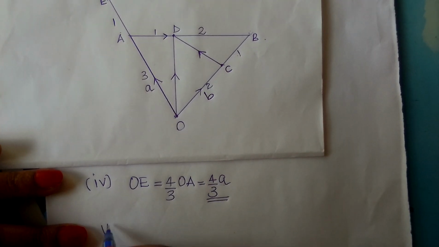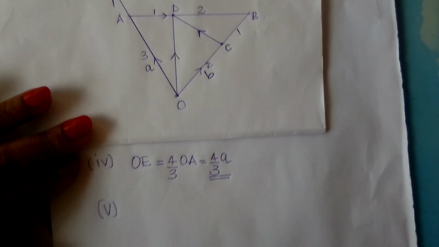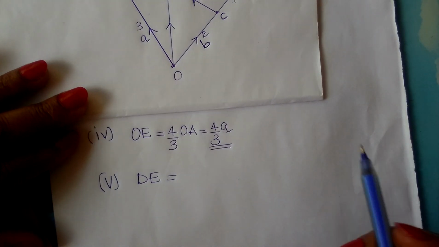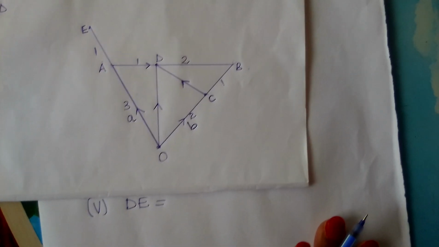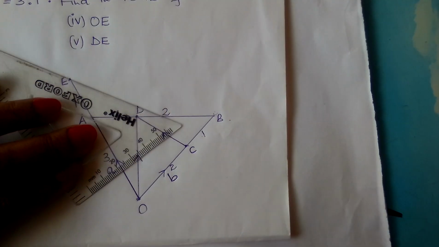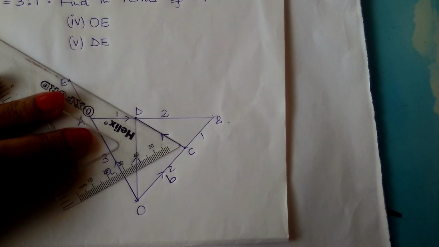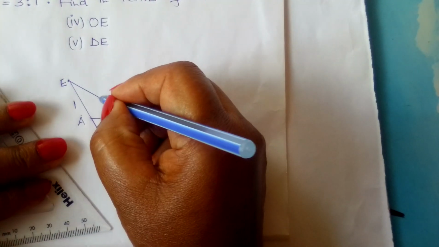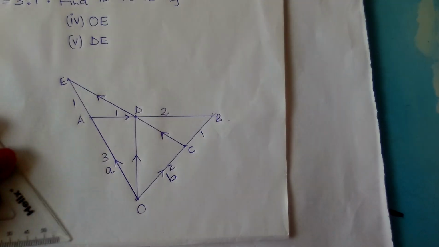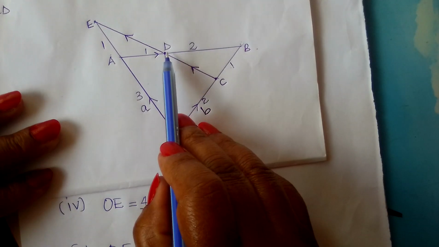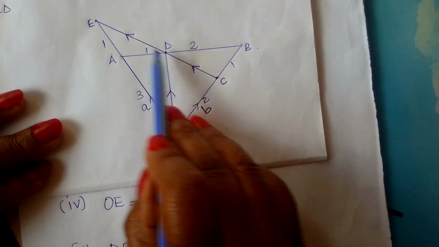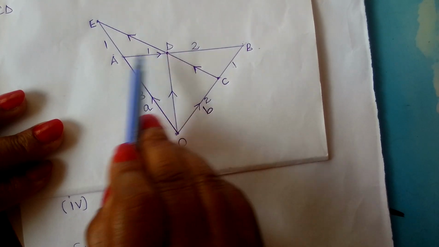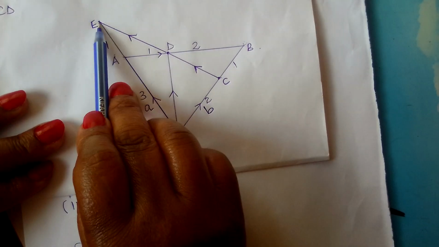We go to the last part, learner. DE. What is vector DE? Vector DE, learner, we come and draw it here. Vector DE. There we go. Put its arrow, DE. Vector DE, learner, we'll get it this way. DE, imagine you are moving from D to E. It is the same as DA, then AE.